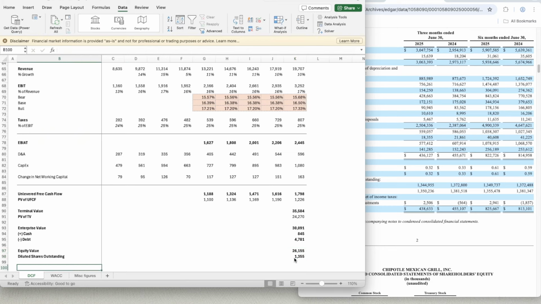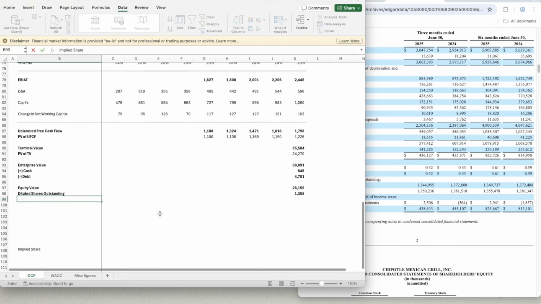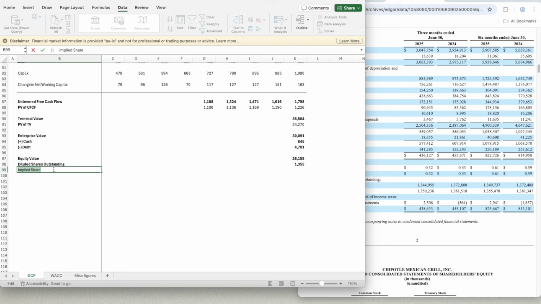And now we have our implied share price. Let's pull this up a bit. This does not look good, does it? $19. It's quite a drop from where it is now.